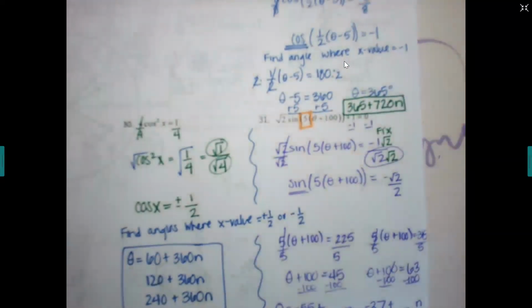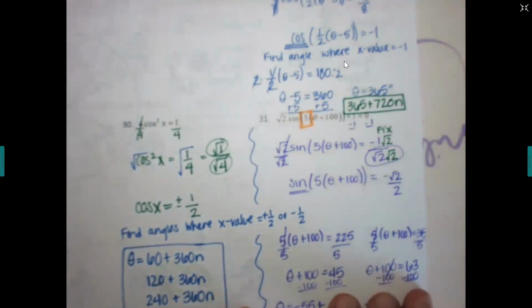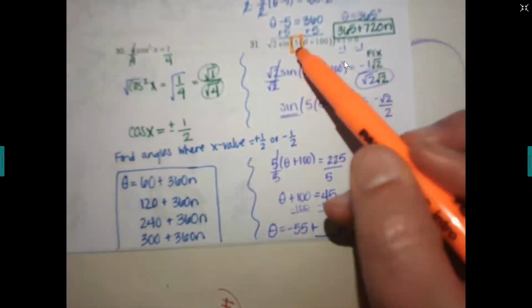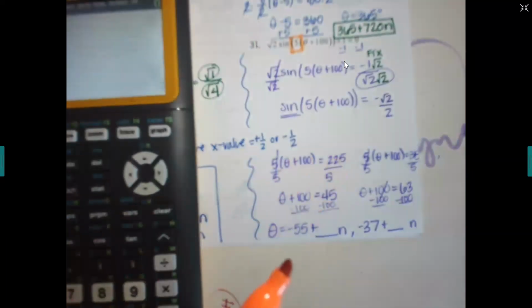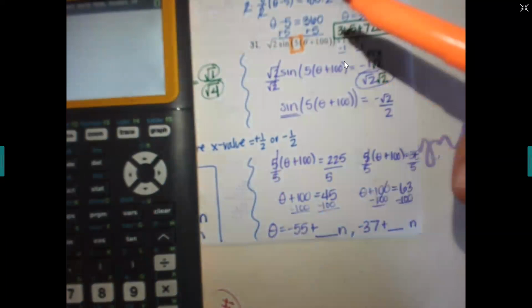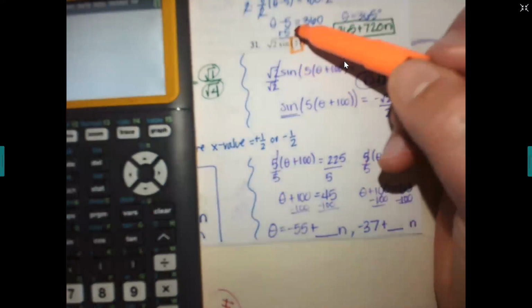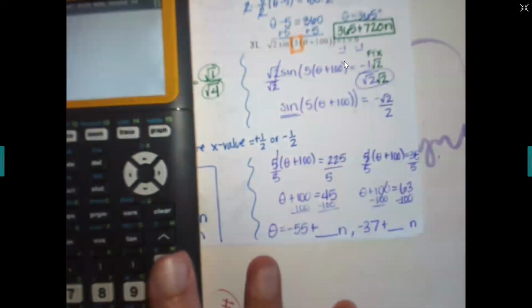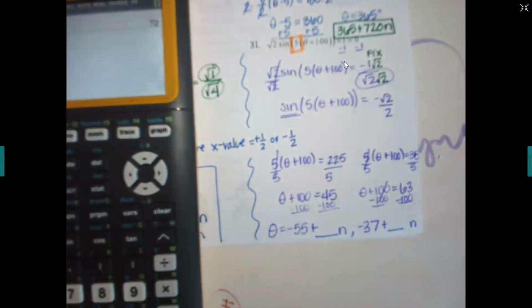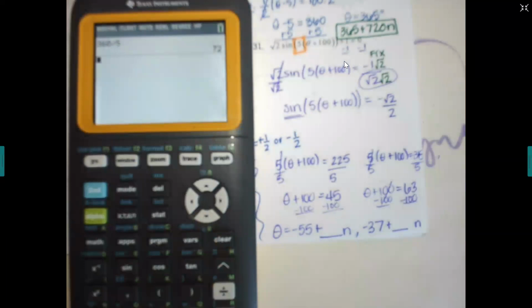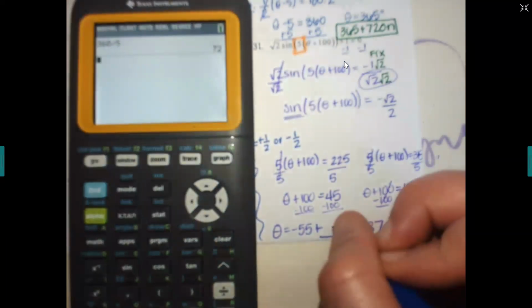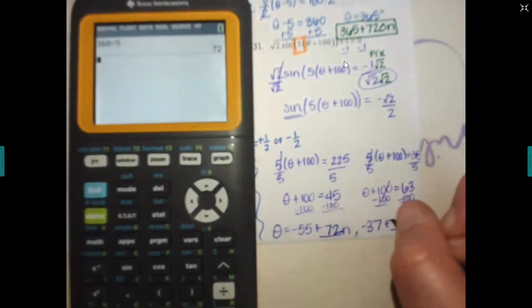So remember, that means we're actually going to divide by 5 because you're doing the opposite of what this number says. So if my period is usually 360, they tell me to times by 5 and it's in parentheses. Well, then I know I'm going to divide by 5. Then I know my period is really a 72. Okay, remember, you're doing the opposite of that number, so it'd be 72n and 72n.